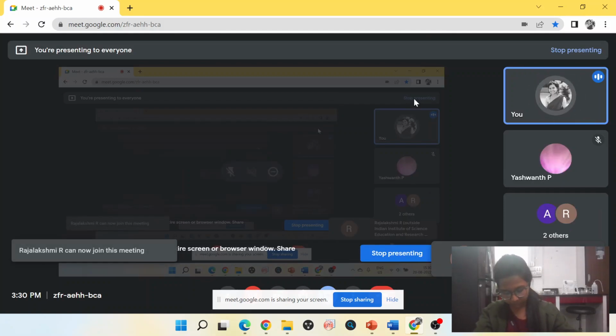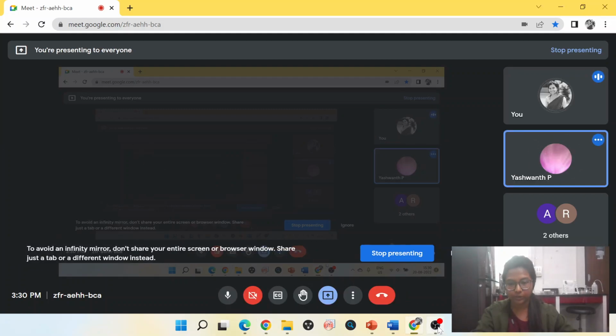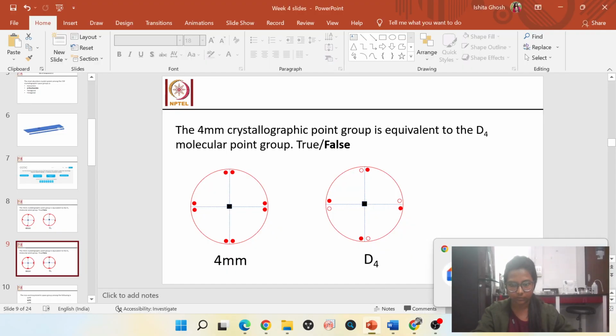So you tell me, D4 will be equivalent to which point group? 4m means there is a mirror, right? Now if there is a perpendicular mirror, then this point which is up will go down.